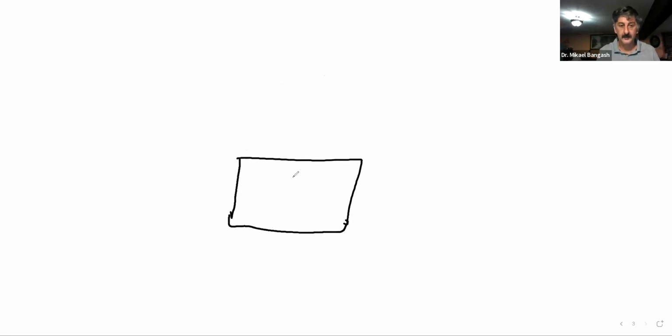Let's say that this was what we scanned here. Let's say we are scanning from this angle here. We have a structure here.